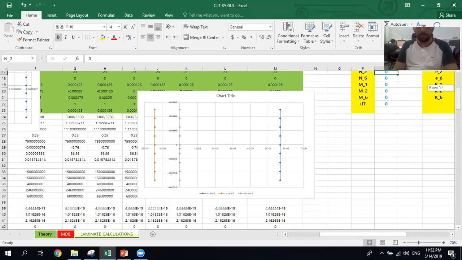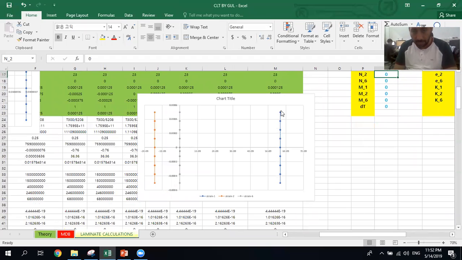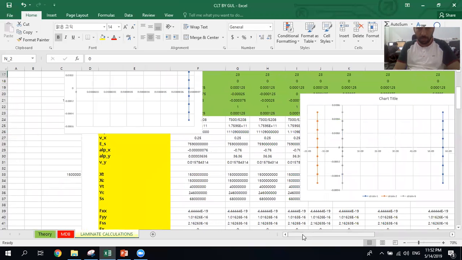Suddenly we see we only have uniaxial strain, the shear strain is zero, and the strain in the transverse direction goes negative. This is quite obvious: if you are applying unidirectional strain, the other direction will contract.